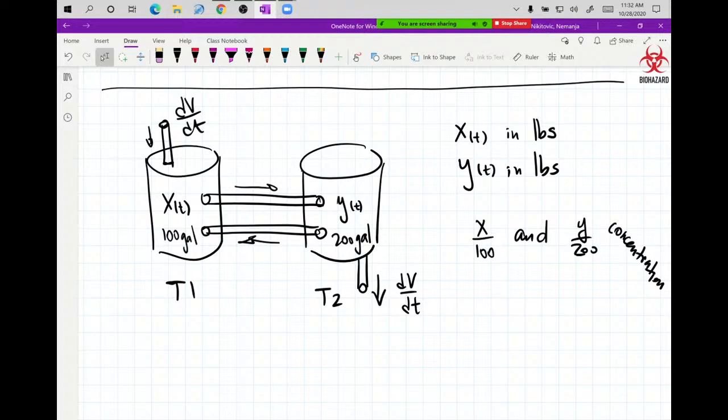Now, what we are interested in is that these two tanks are connected, with 30 gallons per minute of water going one way and 10 gallons per minute going the other way. The water is obviously mixing the salt, and these are two different concentrations.